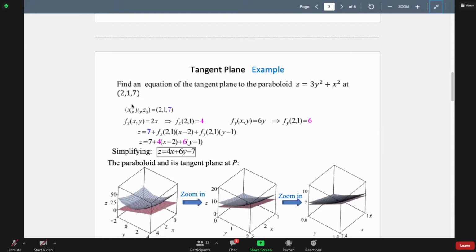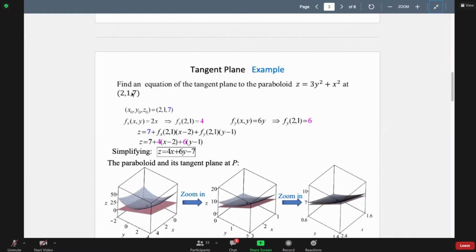At a specific point, x is 2, y is 1, and z, of course, if you substitute y is 1, you get 3 plus 2 squared, it's 7.